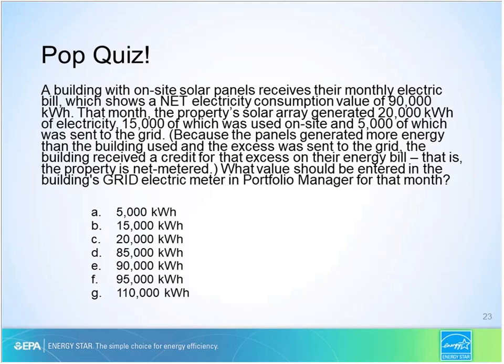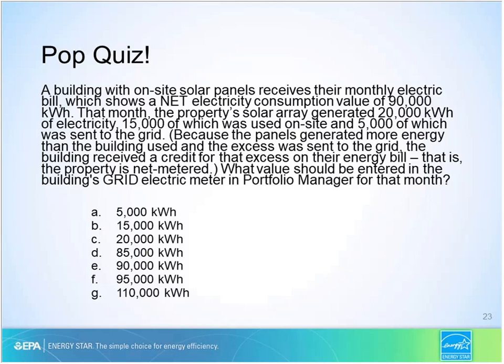And with that, we have a pop quiz here. So you get to apply your knowledge. The question's a bit long, so I'll read it out loud. A building with on-site solar panels receives their monthly electric bill, which shows a net electricity consumption value of 90,000 kilowatt hours. That month, the property's solar array generated 20,000 kilowatt hours of electricity, 15,000 of which was used on site, and 5,000 of which was sent back to the grid.